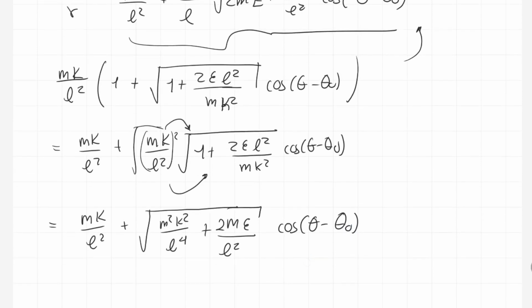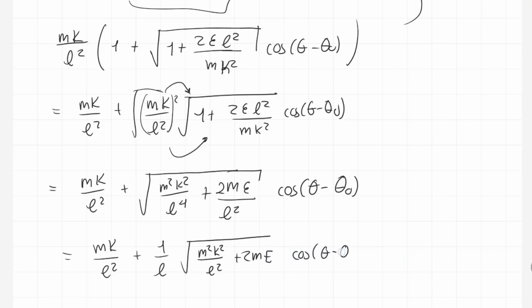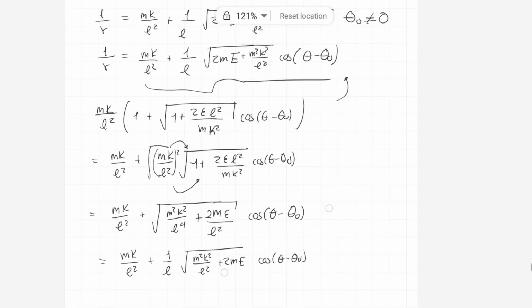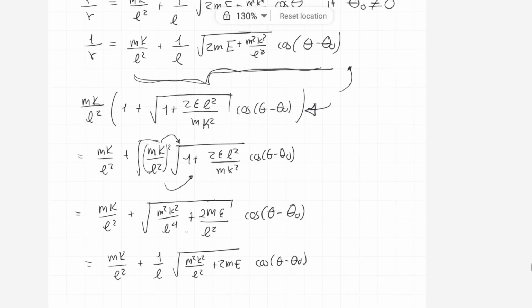If we factor an l squared here, we get that this is mk over l squared plus 1 over l times the square root of m squared k squared over l squared plus 2me cosine of theta minus theta 0. So we have shown that this thing here is equal to this thing here by this process. Okay, so we are going to rewrite the equation like this.